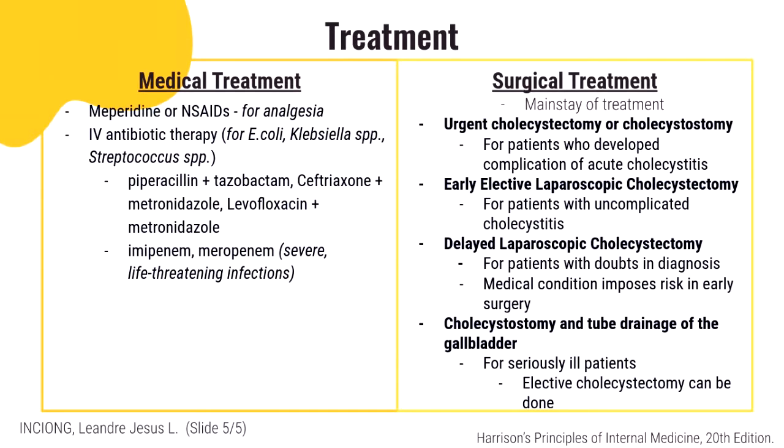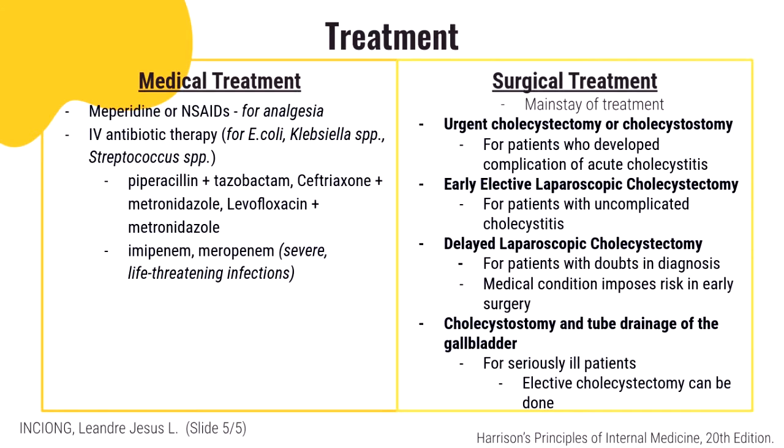They are given piperacillin plus tazobactam, ceftriaxone plus metronidazole, or levofloxacin plus metronidazole. In severe cases, imipenem or meropenem may be given. It is important to note that 75% of patients treated medically have remission of symptoms within 2 to 7 days. In 25% of patients, complications occur, which prompts surgical treatment, which leads us to the surgical treatment side of acute cholecystitis. That's why it is the mainstay of treatment.